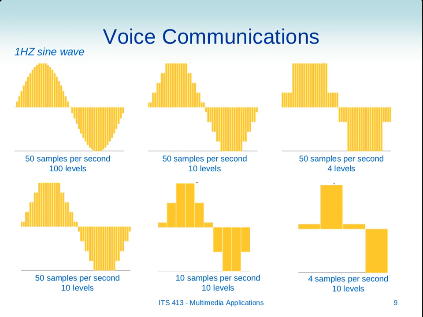Try our very poor quality output at the receiver. We use a different codec, or a codec with different parameters, where we take just 4 samples per second and just 10 levels. 10 levels means how many bits per sample?